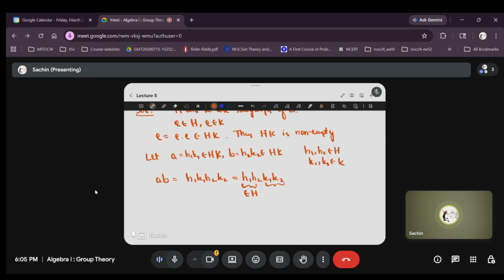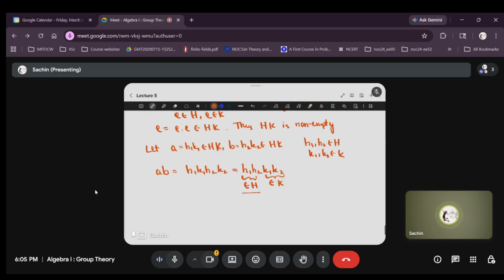That's why we wanted H to be a subgroup. Also, since K is a subgroup and K1, K2 belong to capital K, K1 times K2 belongs to K. So now AB is a product of an element of H and an element of K. So AB belongs to HK. So we showed that if A and B are in HK, AB is in HK.